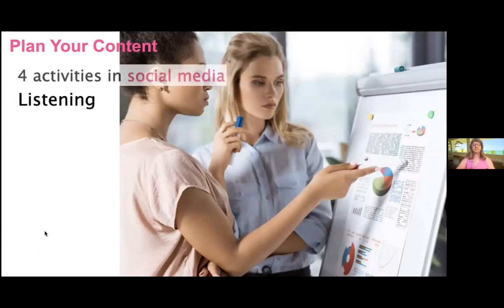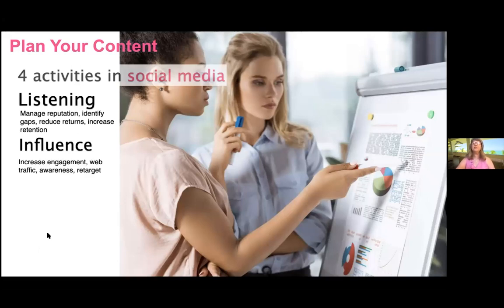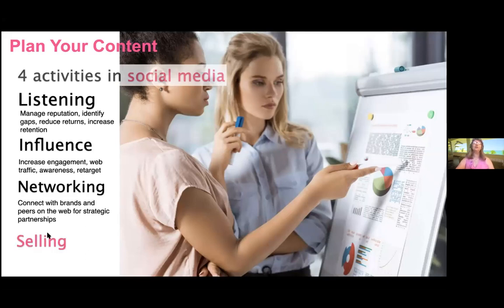So you're going to have your listening activities where you're going to manage your reputation, identify gaps, reduce returns, and increase retention. You're going to leverage influence where you're going to increase engagement, web traffic, awareness, and retarget. You're going to do networking where you connect with brands and peers on the web for strategic partnerships. And then last but not least, you're going to be selling. You're going to be generating leads and sales from social media.